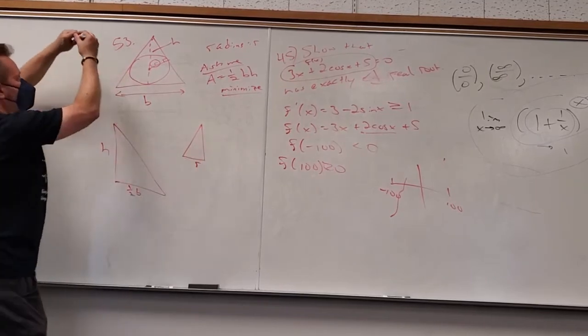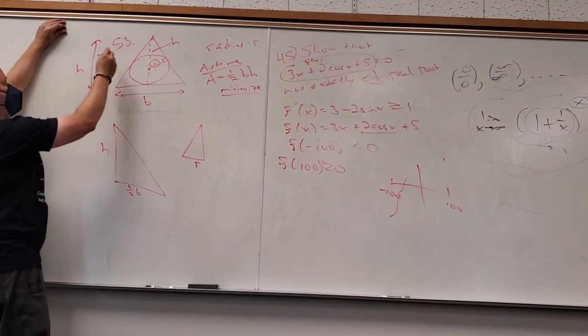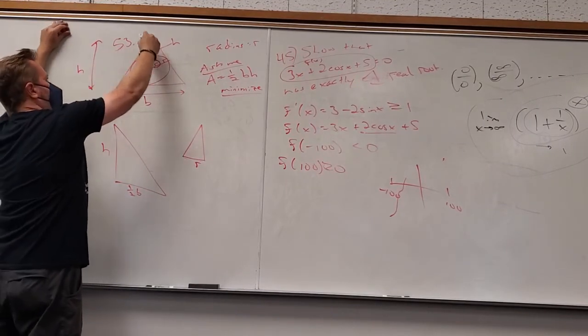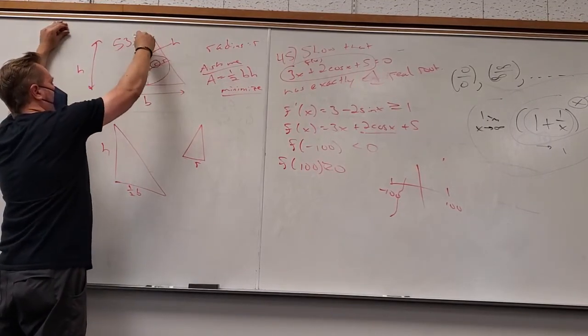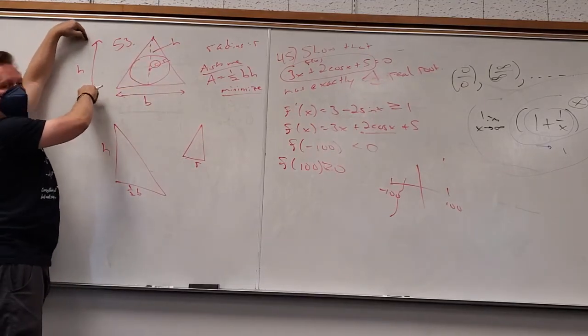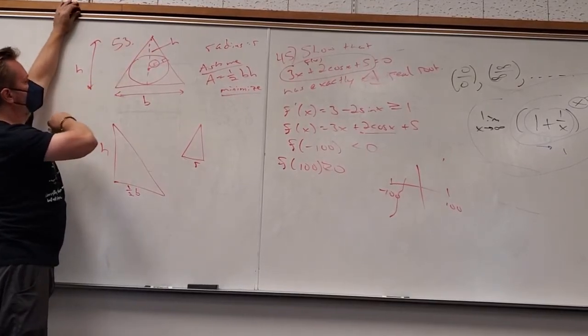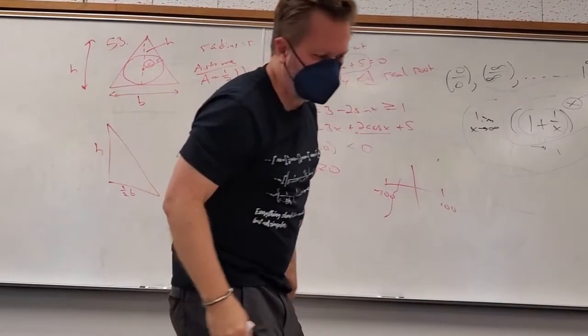But what was this? So let's take a look. This whole thing is H, yes? What is this? So this, I need to know this here, right? So this whole thing is H. What is, let's see, where could I put this? This is all different letters than what I did.